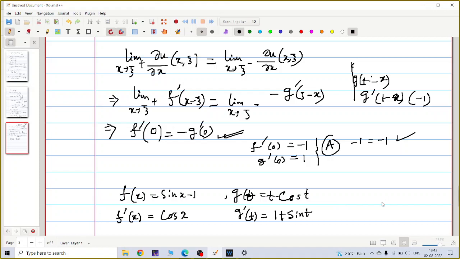Yes. So, f dash 0 is what in this case? Cos 0 is what? 1. I put x equal to 0 only, cos 0 is 1. And g dash 0 is 1. So this does not satisfy the condition. Excellent. So, option B is false.